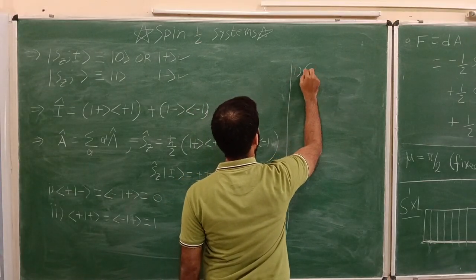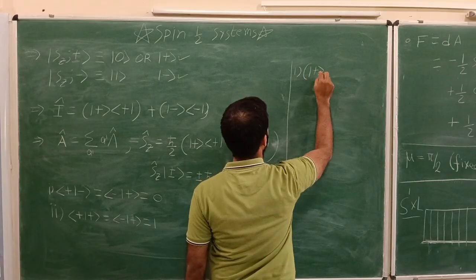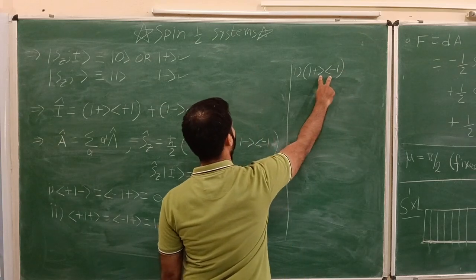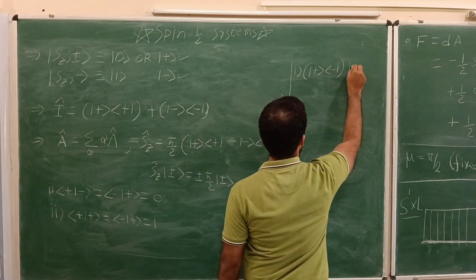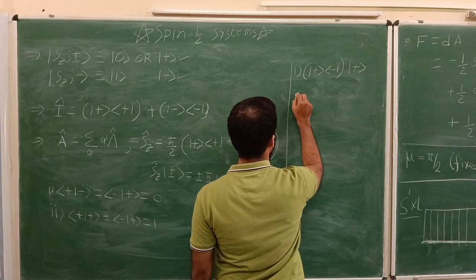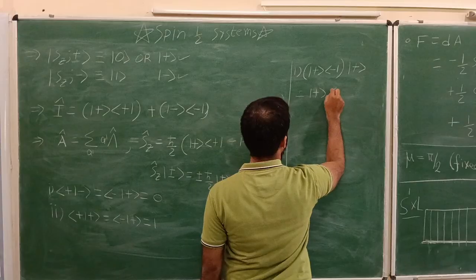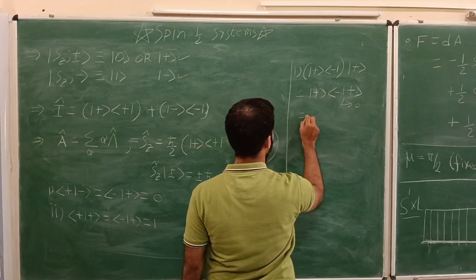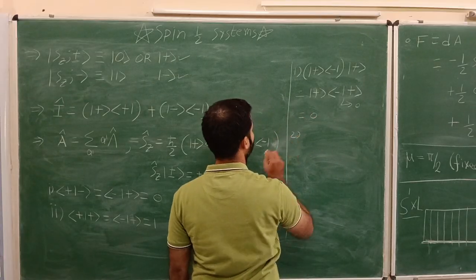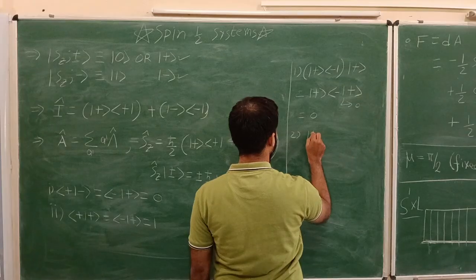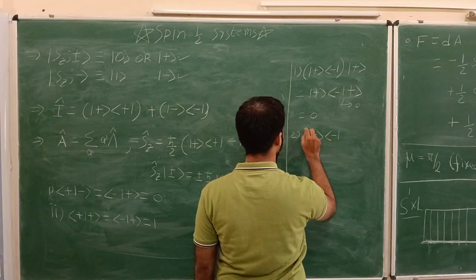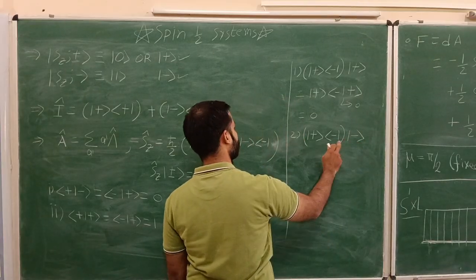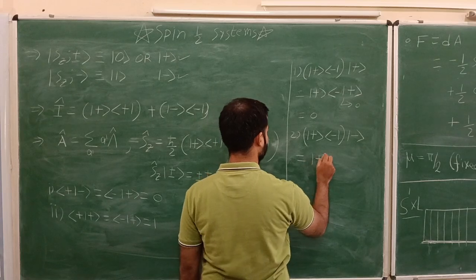So if I have something like this, if this is an operator which acts on state plus, now how can I write this? As we know that this is 0, this is going to be 0. So we can try something else. If I operate this on the negative state, this will give me 1, it will be plus.